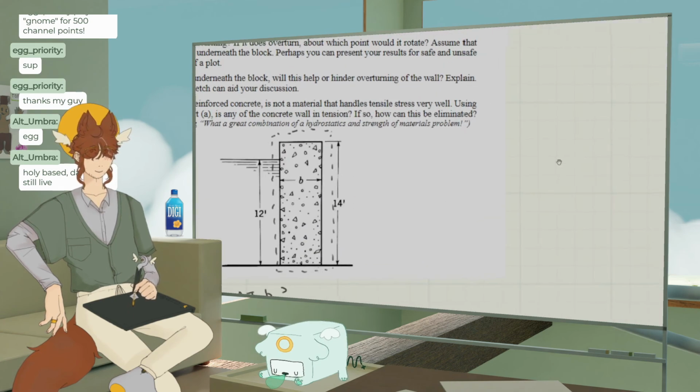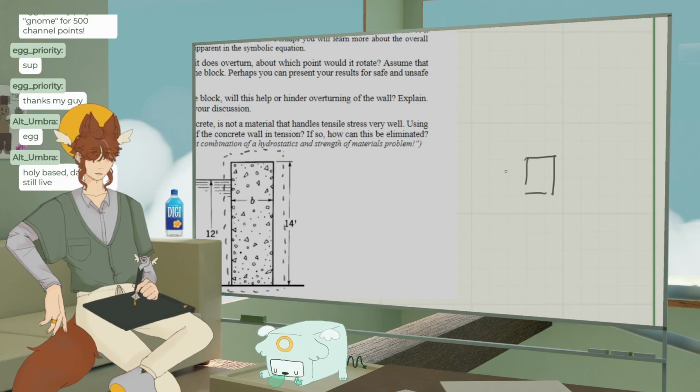Imagine if you were pushing a box or something, and it started turning... Wait, I got a gamer portrait. There we go. It started turning... I don't even know how that would happen. No, you literally can only turn about this point.